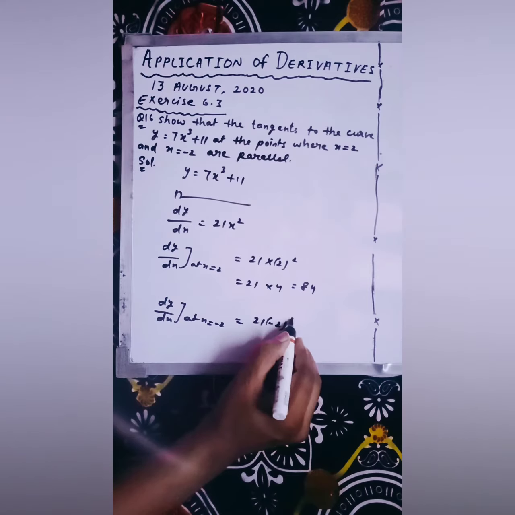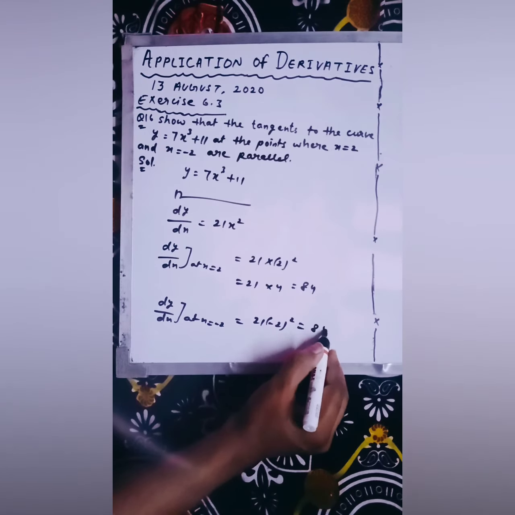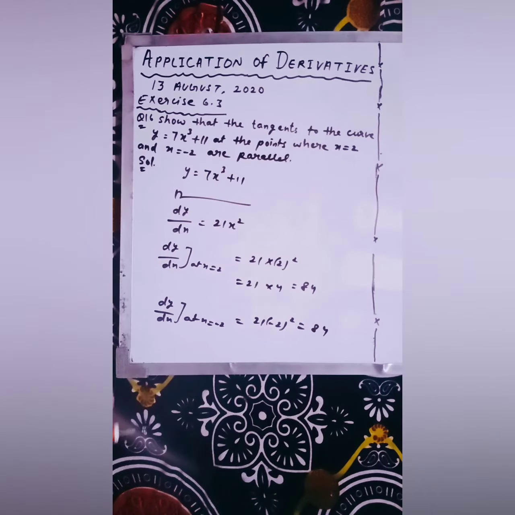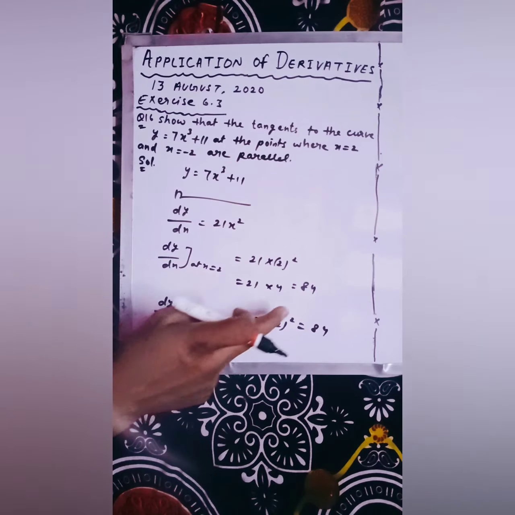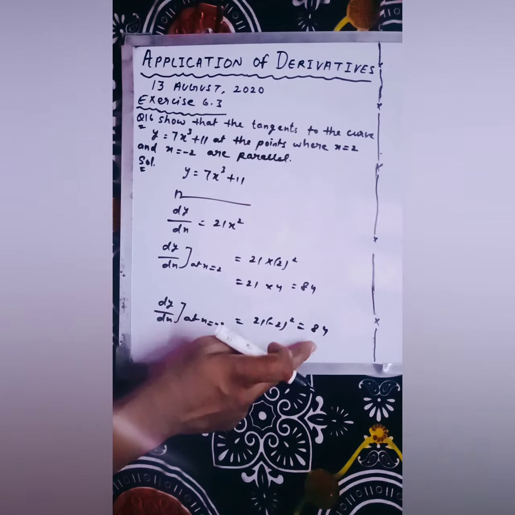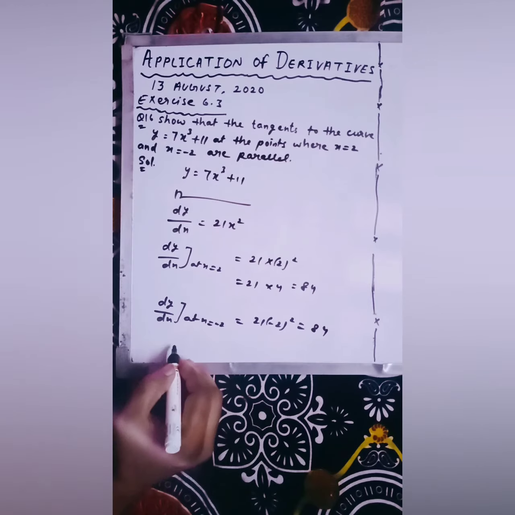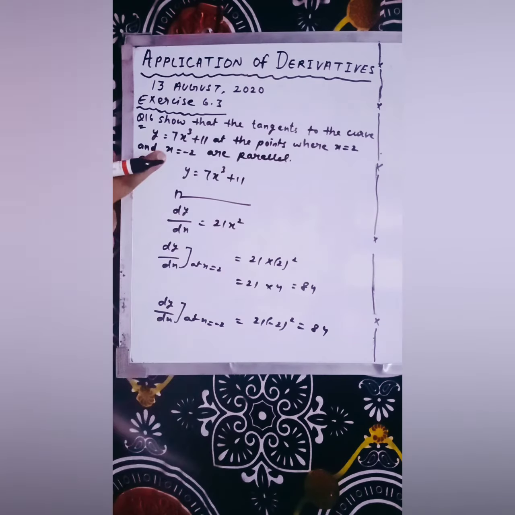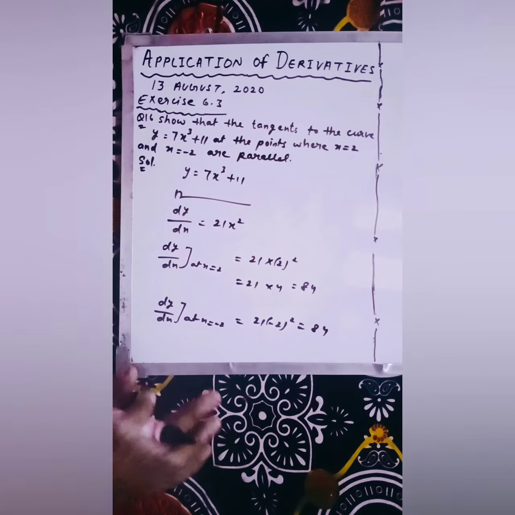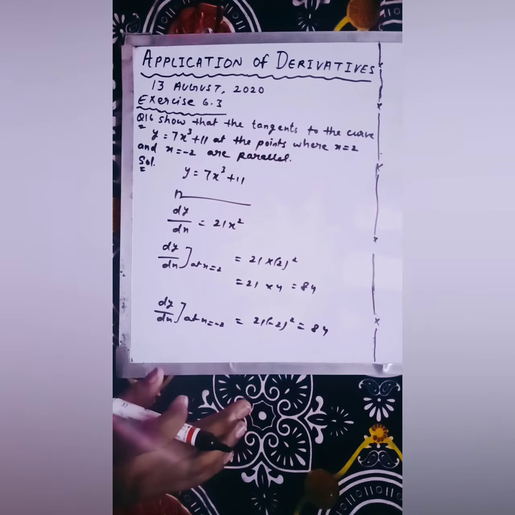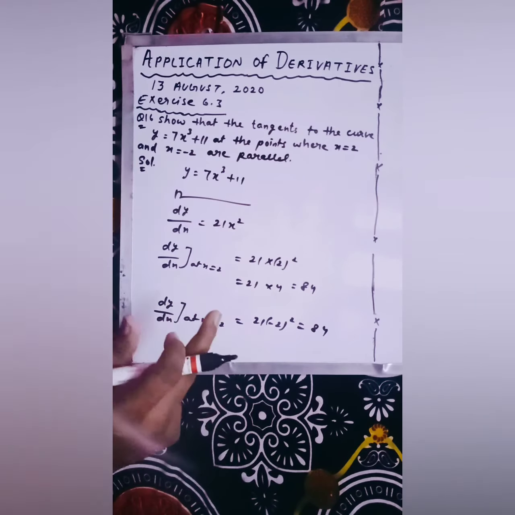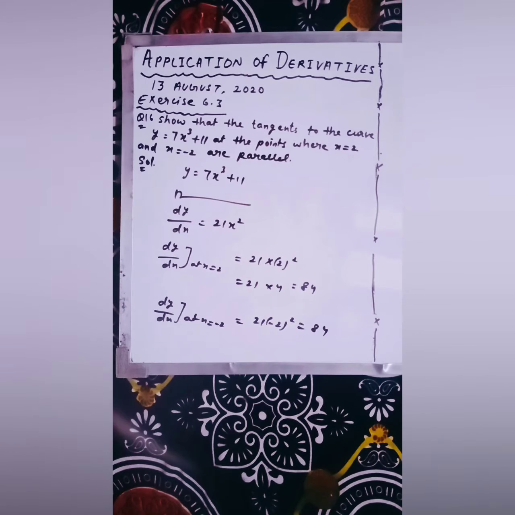So your answer will remain 84. Hence at x equals 2 and x equals minus 2, your dy by dx is 84, which is equal. Hence they are parallel. So hence the tangents are parallel. Got it? So this is how we can solve question number 16.